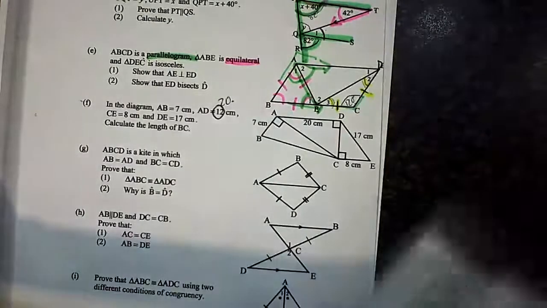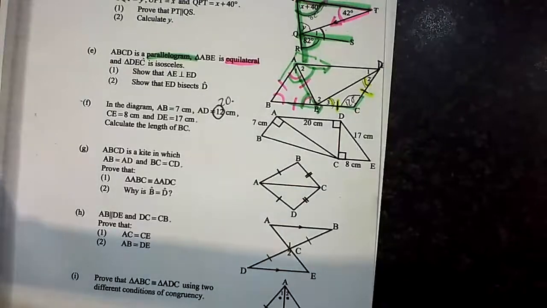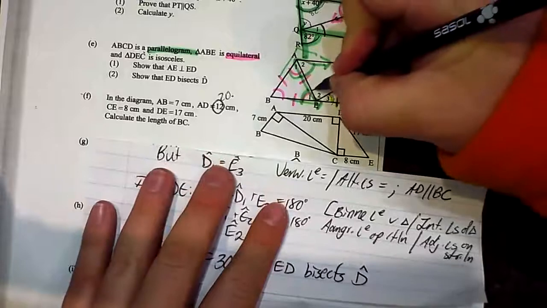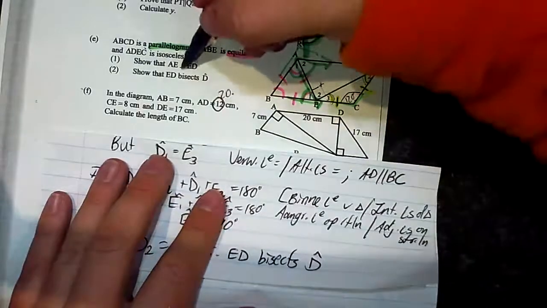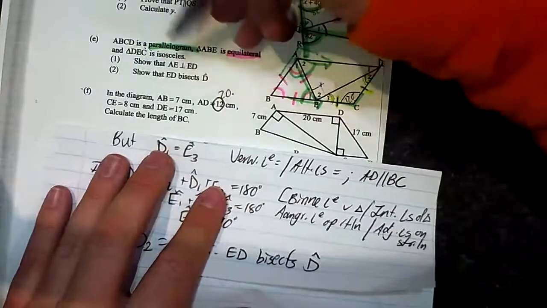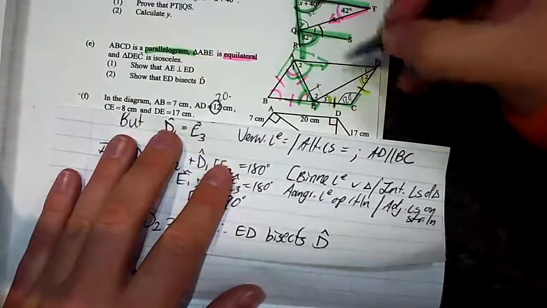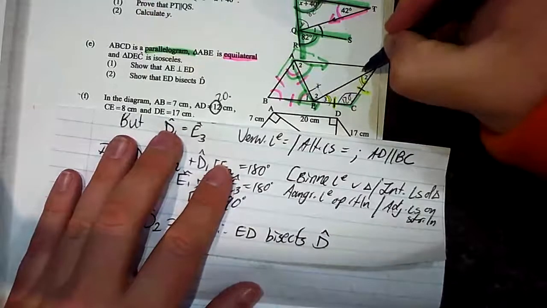Now that we know that D2 is equal to 30 degrees, we want to get to this angle. We want to prove it as 90 degrees because that's what we need to prove. So ek werk om terug. Ek soek nog vir D1.